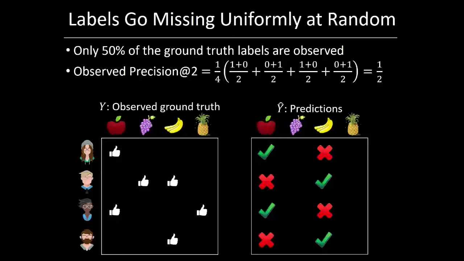However, we can do something very simple, as Thorsten was saying, 3 lines of math, to actually unbias or debias this setting. All we're going to do is simply assign a weight of 2 to each correct prediction.